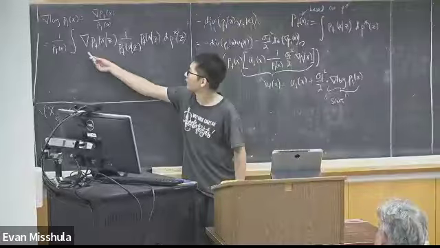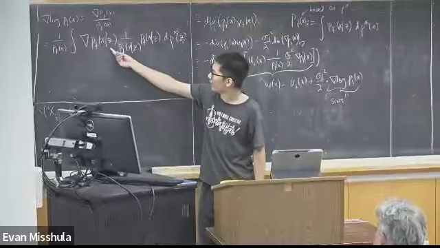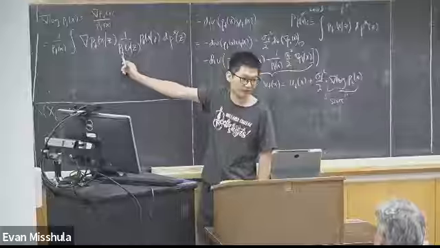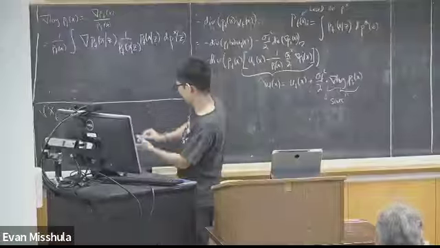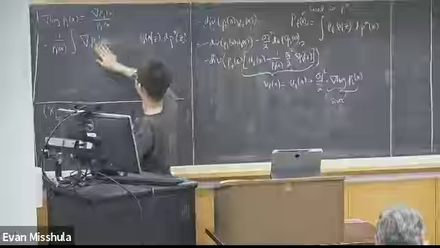And now you have the gradient of the probability over the probability itself. This is the score.